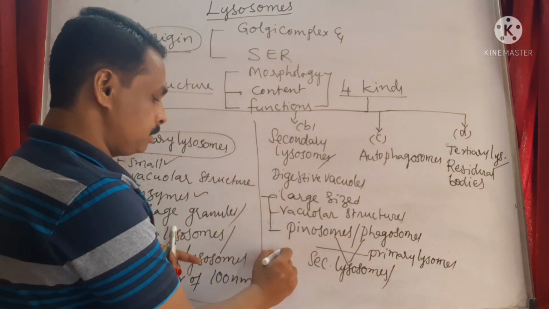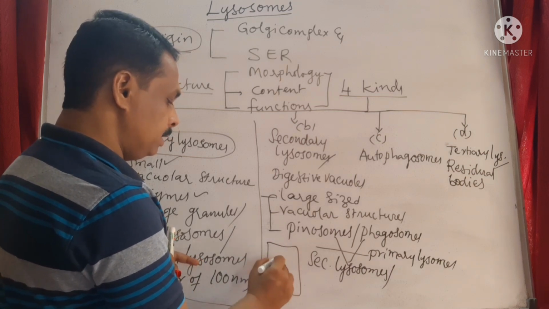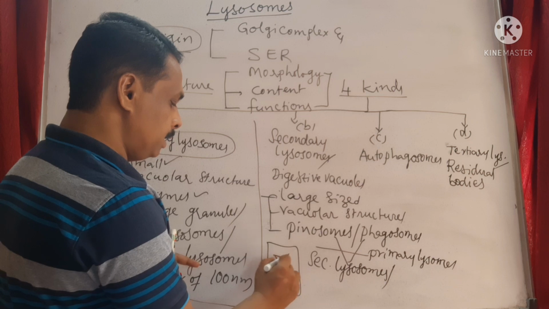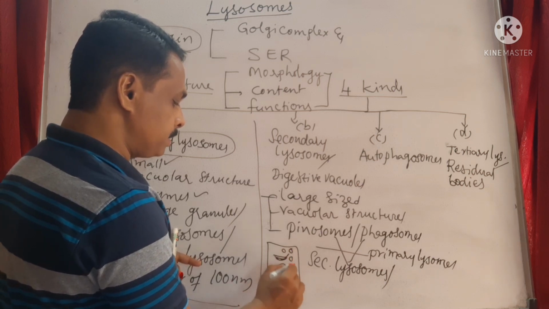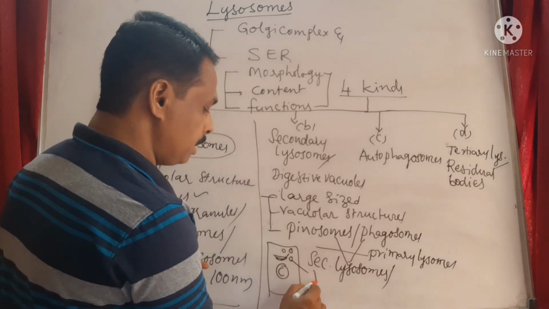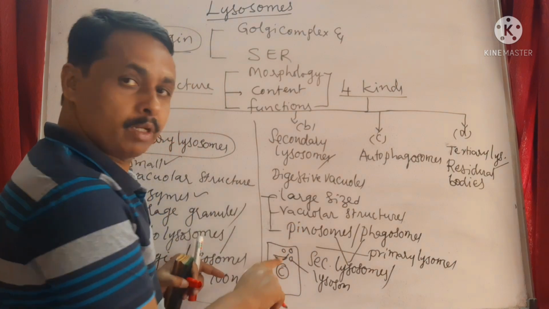Suppose this is the cell, with the nucleus and Golgi structures, and above this there are perinuclear bodies present. These are called lysosomes. How will this be formed?